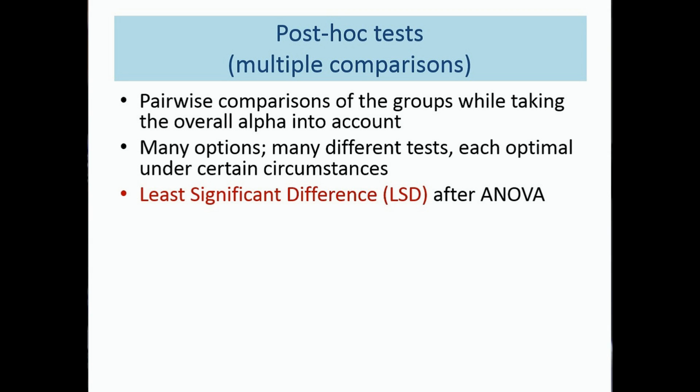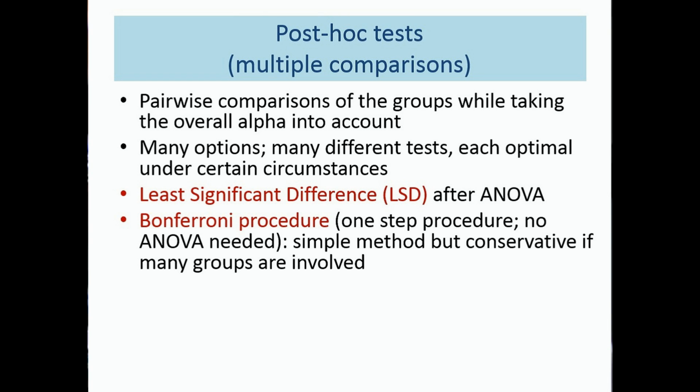I will just show you the least significant difference, the LSD, after an Anova, and we will have a look at the Bonferroni procedure. This is in fact a one-step procedure. There is no Anova needed. It's a simple method, but conservative if many groups are involved.